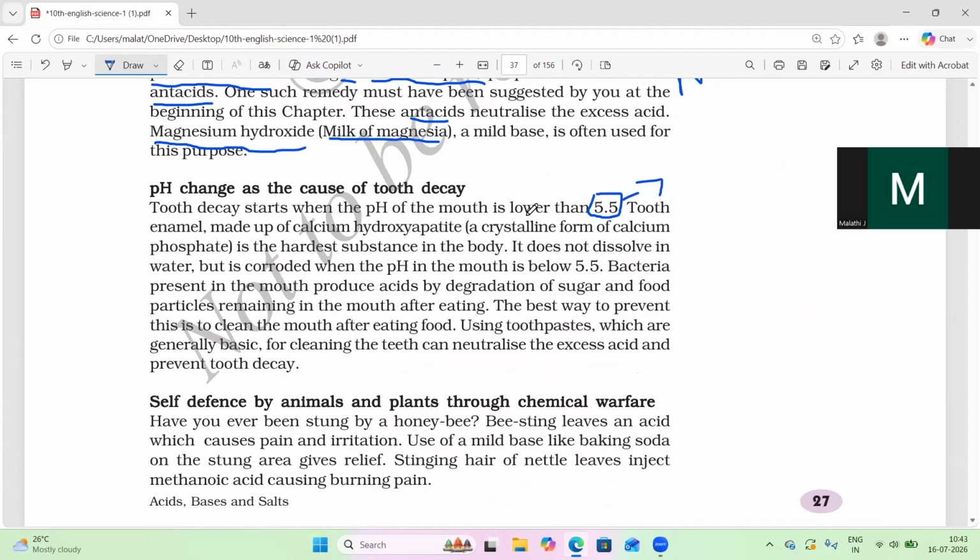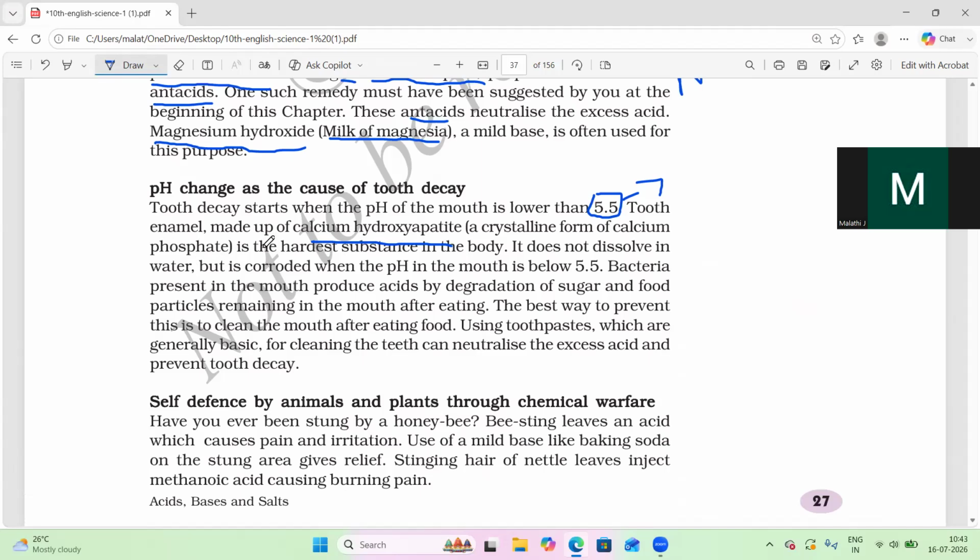When it is less than 5.5, the tooth enamel, which is made up of calcium hydroxyapatite, the crystalline form of calcium phosphate, starts getting damaged. This is what gives us white colored teeth.